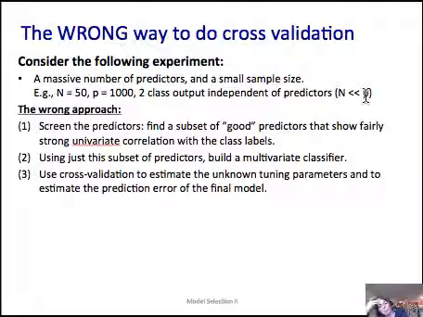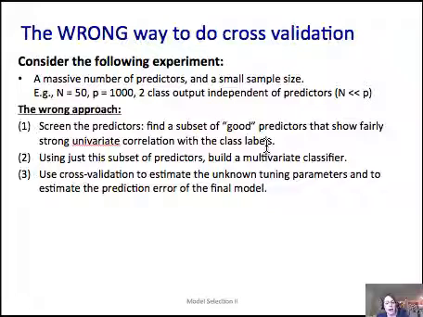Here's the wrong approach for doing so. The wrong approach is to screen the predictors based on Y. So if you screen a predictor and then you find a subset of good predictors that show a strong univariate correlation with class labels, now you've messed up because you used the whole sample and you're looking for univariate correlation with the class labels. So you're biasing your solution.